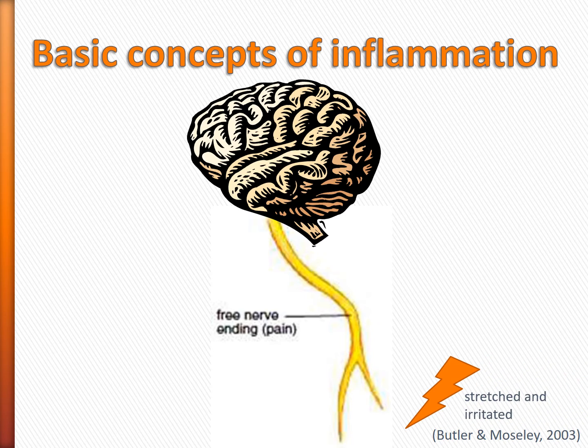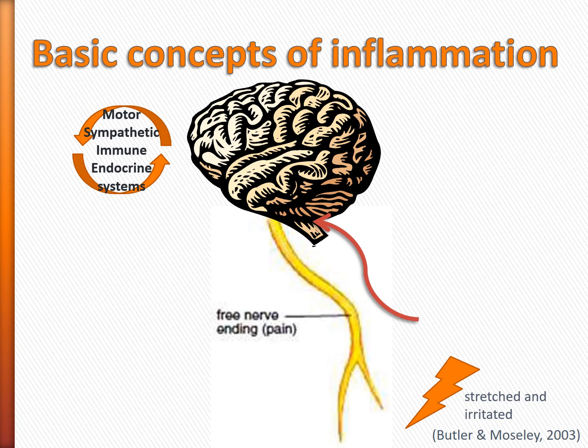After the free nerve endings are stretched and irritated, the signals are sent, detected, and transferred to the central nervous system. Our brain interprets them, and then after interpretation, it sends back a signal asking our body to react to the conditions.